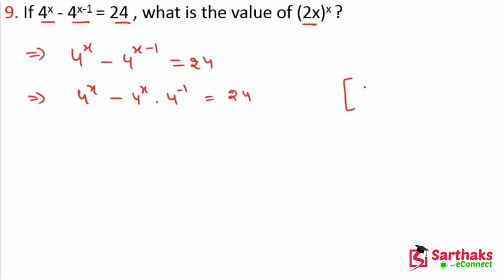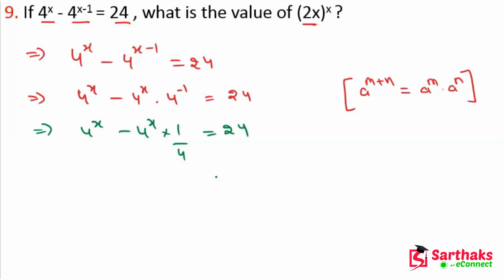Here we are using the law a^(m+n) = a^m dot a^n. So now 4^x minus 4^x into 1/4 equals 24.